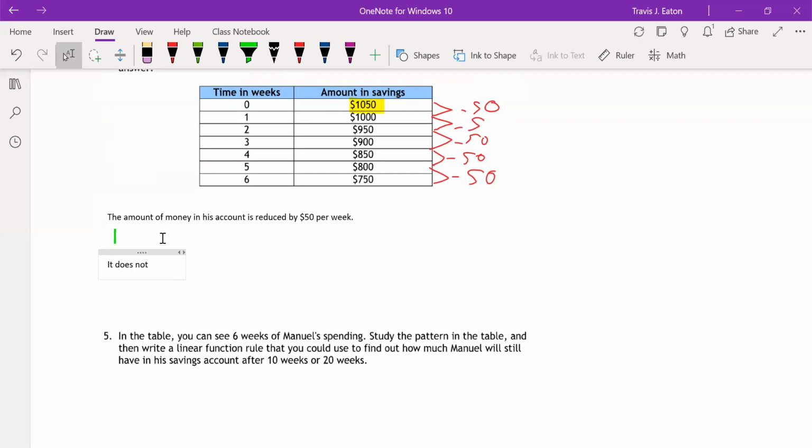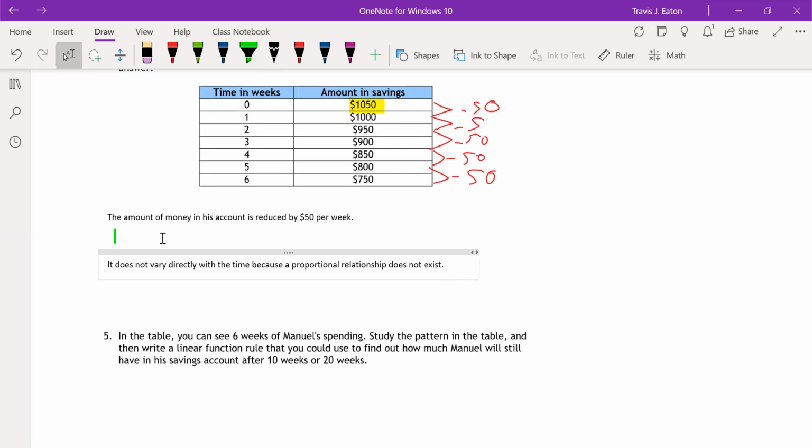It does not vary directly with the time, because a proportional relationship does not exist. Okay, so it doesn't exist.